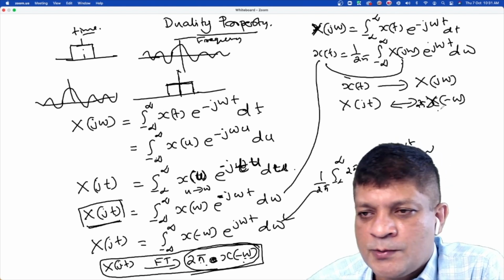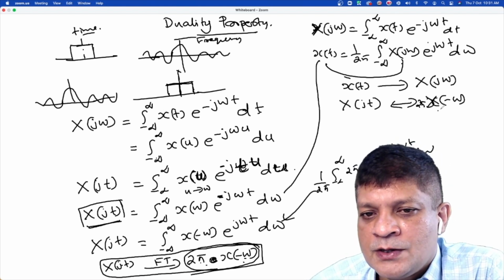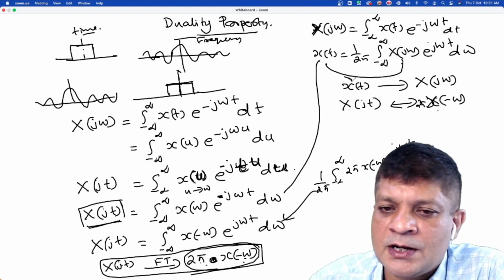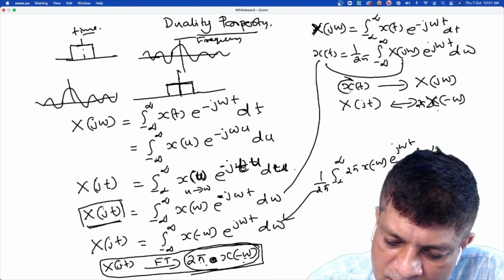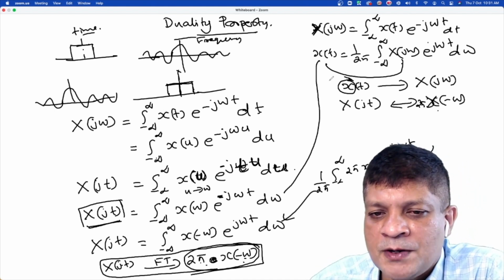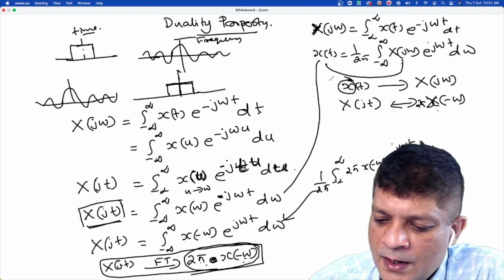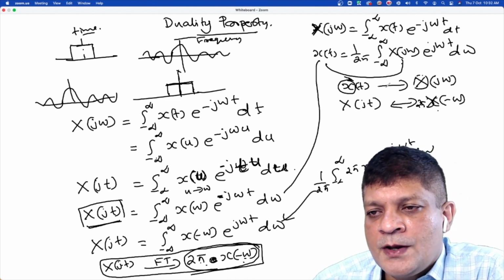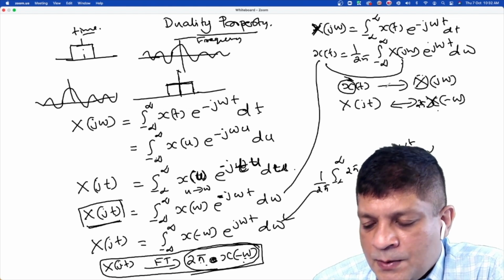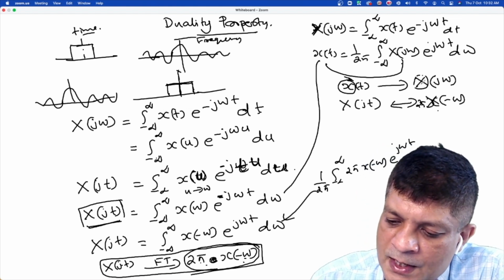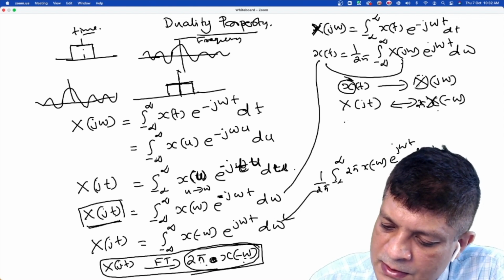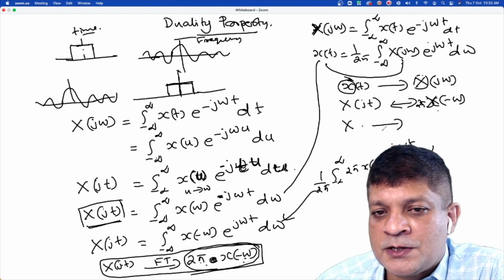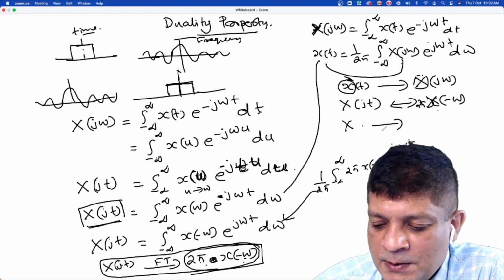So forget about small x and capital X. The duality property says that if we consider a signal in the time domain having this shape, that shape of that function is small x, and its spectrum is capital X.